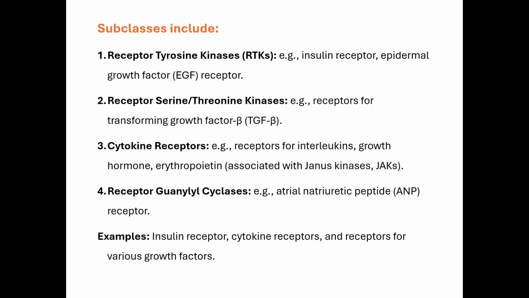We have the receptor serine, or they normally call them threonine type of receptors or kinases, and here also certain growth factors tend to bind. We also have cytokine receptors, like the Janus kinases, which they normally abbreviate JAK.